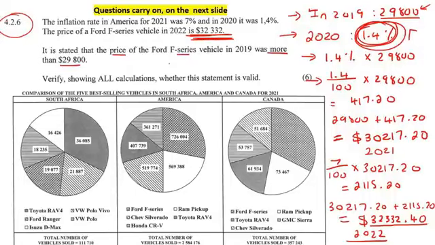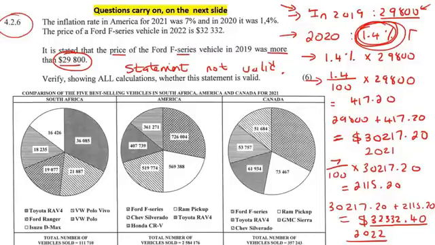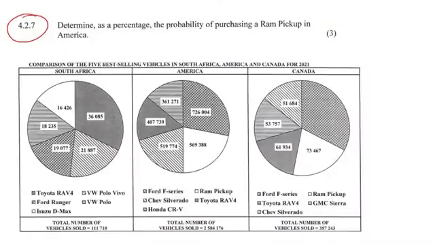So the price in 2019 was not more than 29,800. It was exactly 29,800. So the statement is not valid, because we just proved that the price in 2019 was exactly 29,800. It wasn't more.